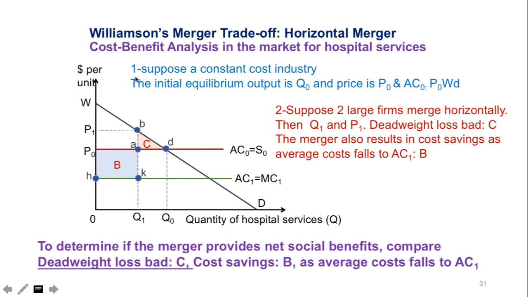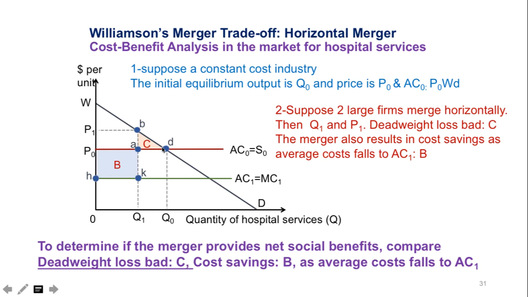Initially, suppose that there is a constant cost industry. We assume that the supply curve is not upward sloping but horizontally constant. It doesn't hurt the conclusion from our example here. So the average cost is equal to the supply curve, horizontally fixed, but the market demand is downward sloping.